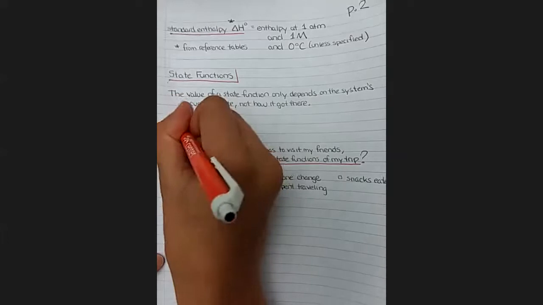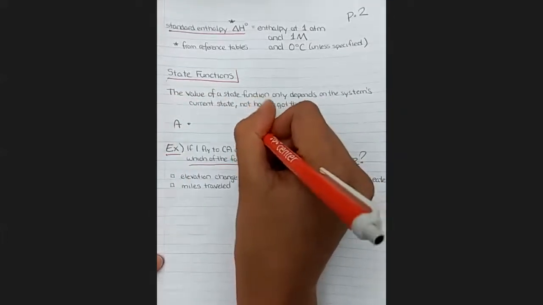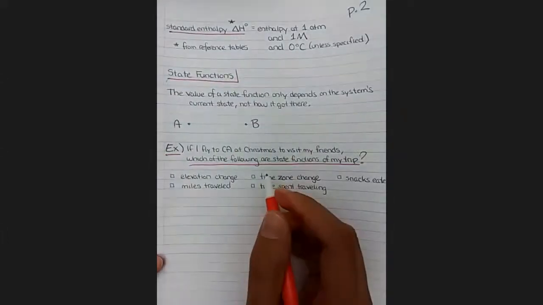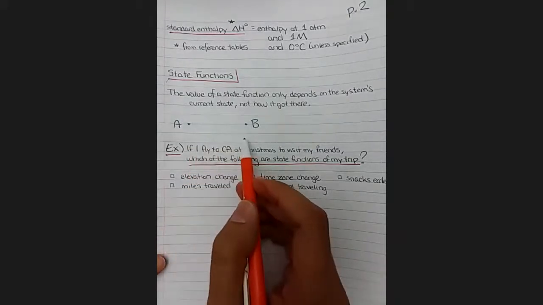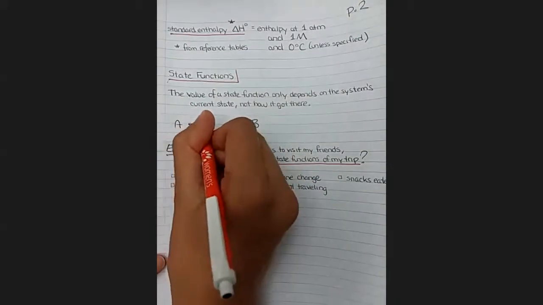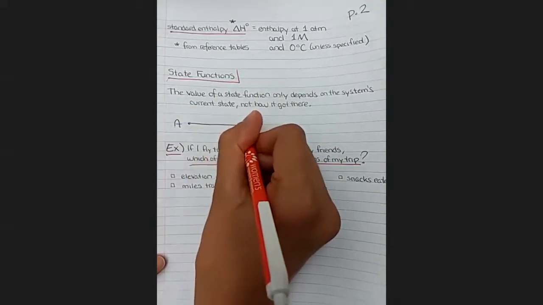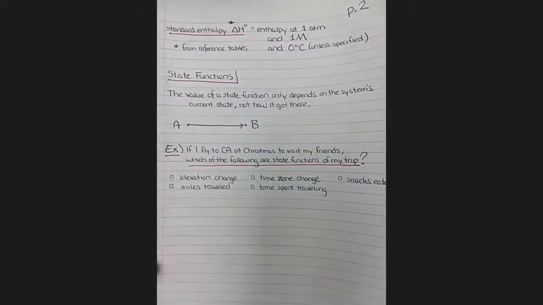And I'll show you why. If I'm trying to travel from point A to point B, I can make my journey go wherever I want between those 2 points. I can take a line, the shortest distance between 2 points.